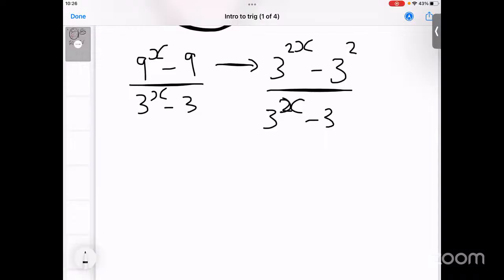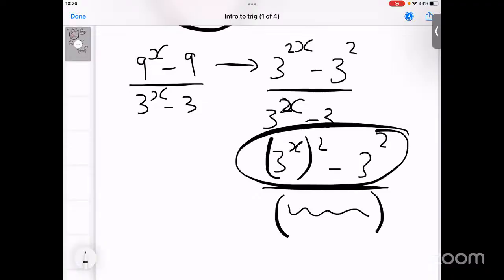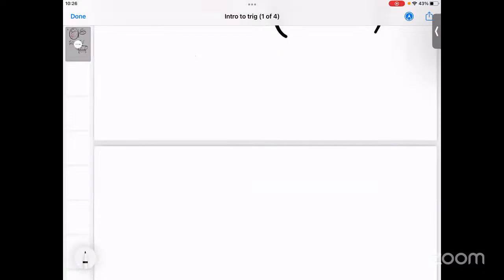Then from there, it will still take you back to the difference between two squares. Can you see 3 squared, and then over the whole of that? Then you know what to do with this. Once you've dealt with it, you will see it will work out nicely. Not that much complicated, honorable member.